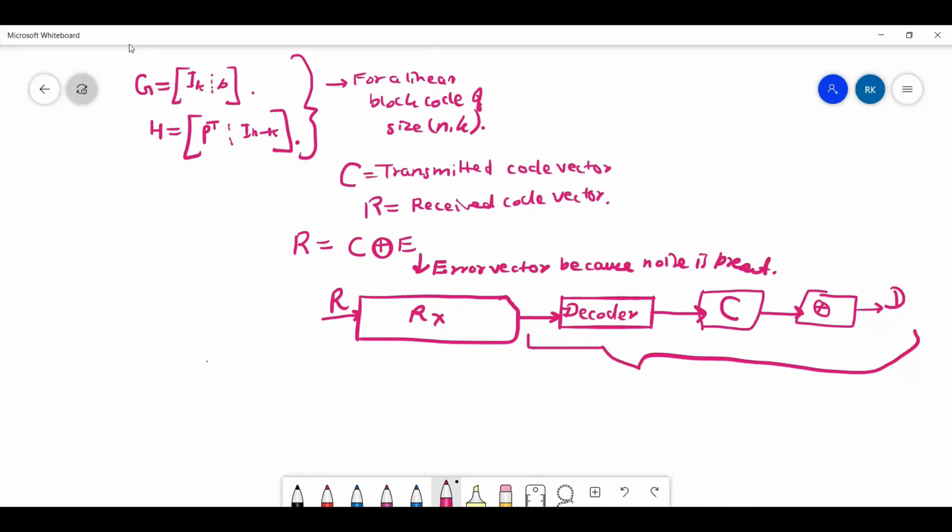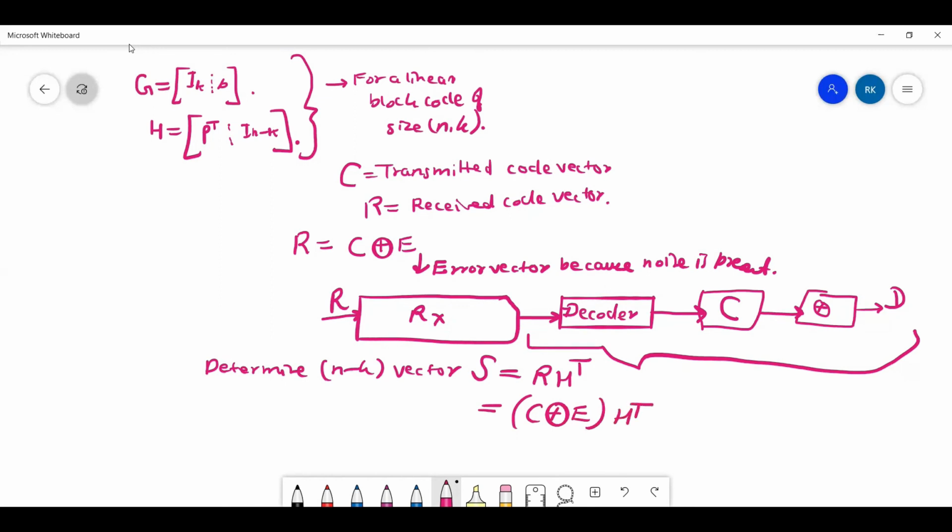So let's determine the n minus k vector S is equal to R times H^T, which can be written as (C + E) H^T. Remember this equation that has been used here.